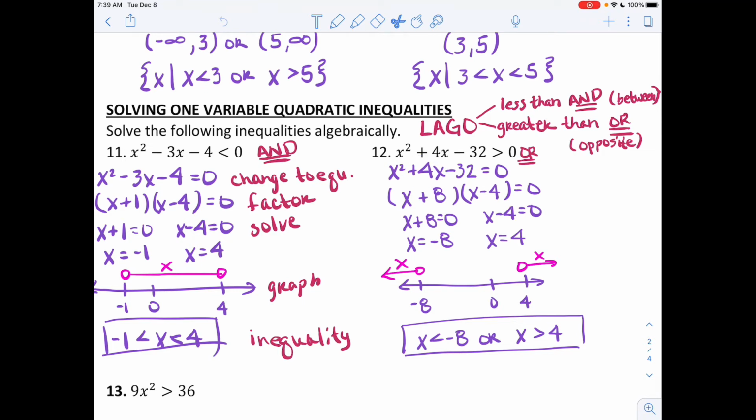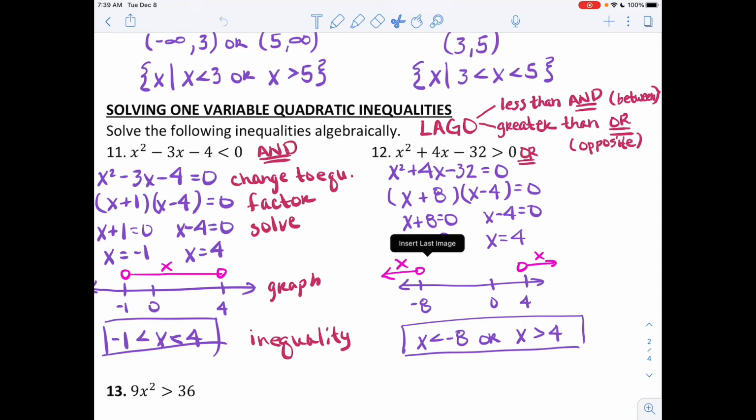Remember that then you set each piece equal to 0 using the zero product property and solve the little algebra equation. So x plus 8 equals 0. When you subtract 8 from both sides, you get negative 8. X minus 4 equals 0. When you add 4 to both sides, you get positive 4. Those are our critical points that we will plot on a number line, negative 8 and 4.